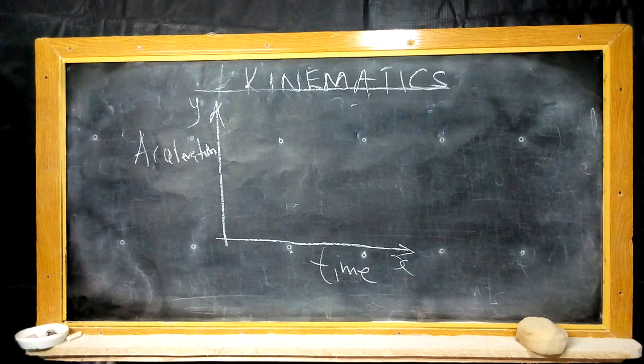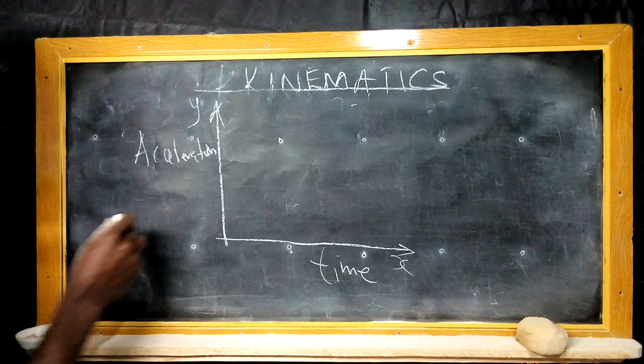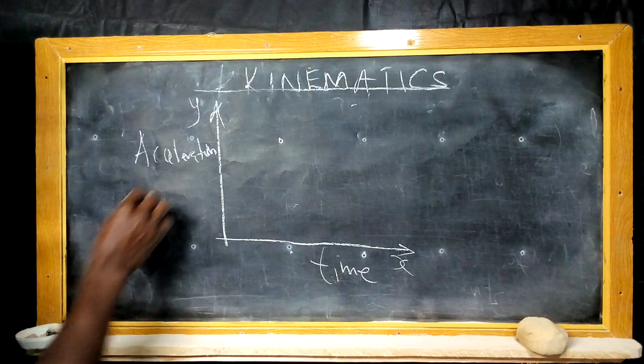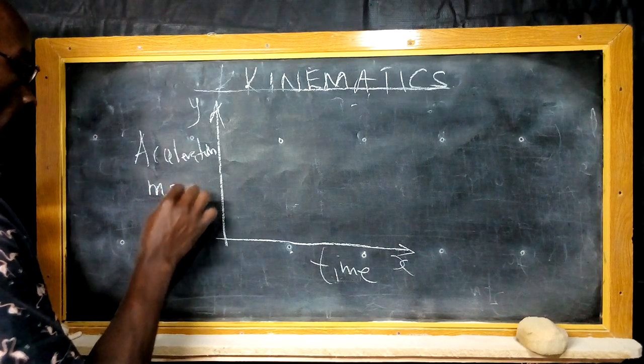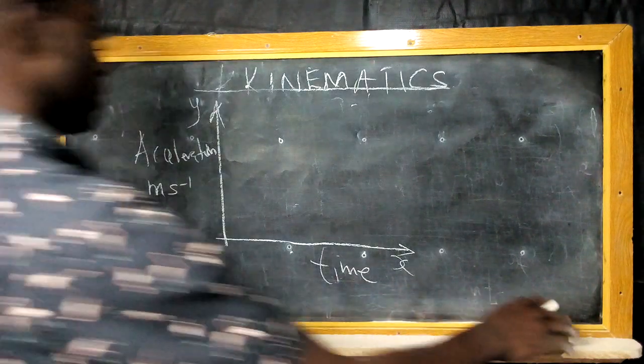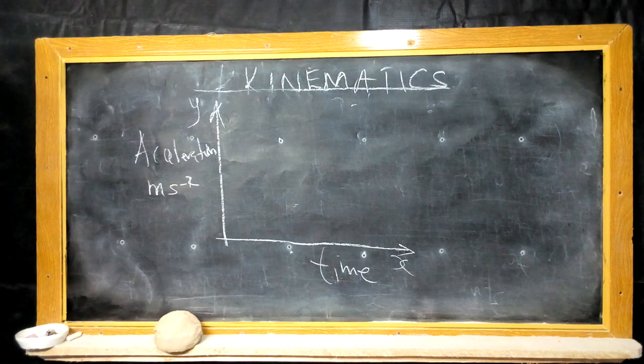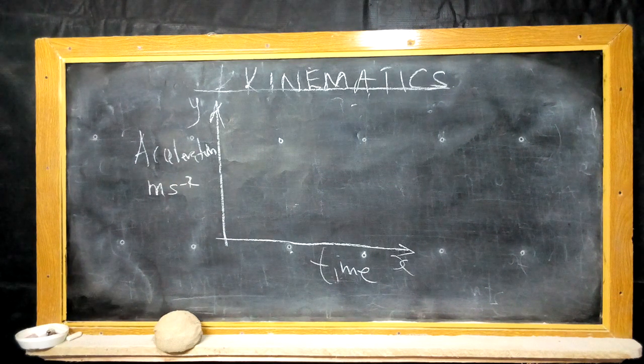When we talk about acceleration, we say it is the rate of change of velocity over time. Velocity is measured in meters per second, and then acceleration, okay, no, this is velocity. So acceleration will be in meters per second squared.